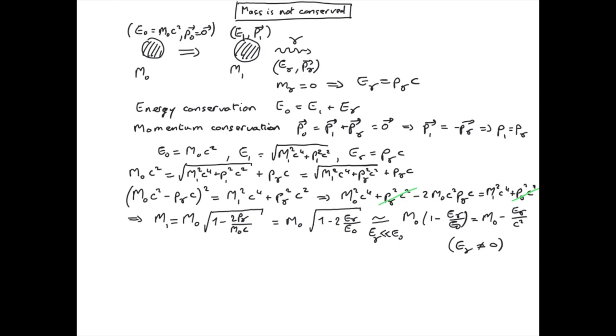Some particles, like elementary particles, like the electron, for instance, have a well-defined mass, and they can't change their mass. Therefore, an electron will never be able to emit a photon by itself. It will always have to interact and exchange energy with another system in order to do so, and that's because the electron has the same mass in all inertial frames.